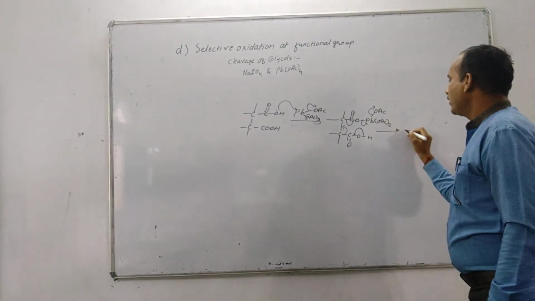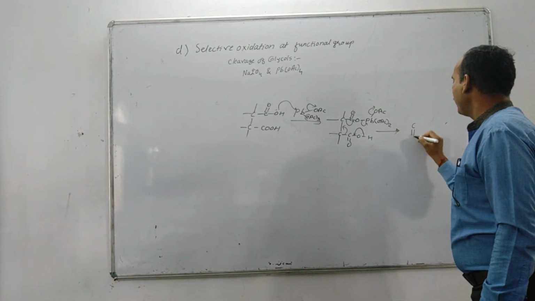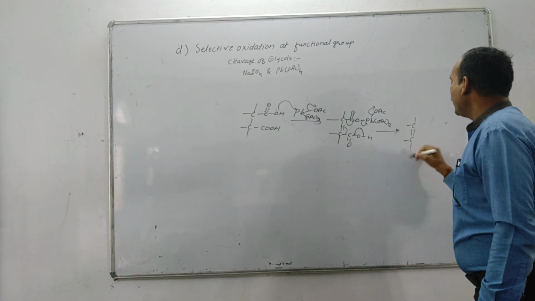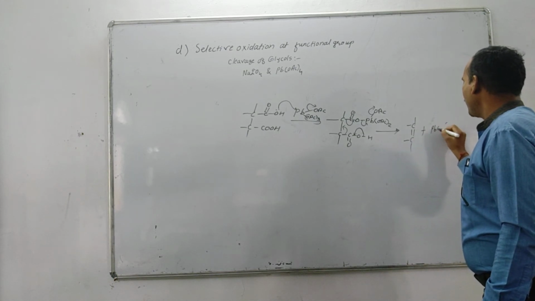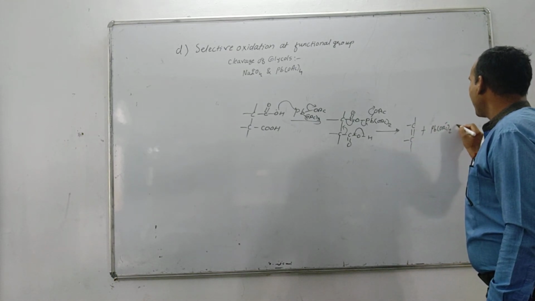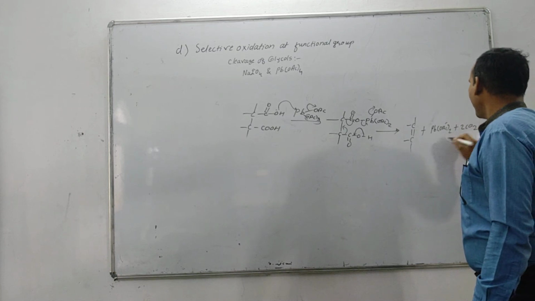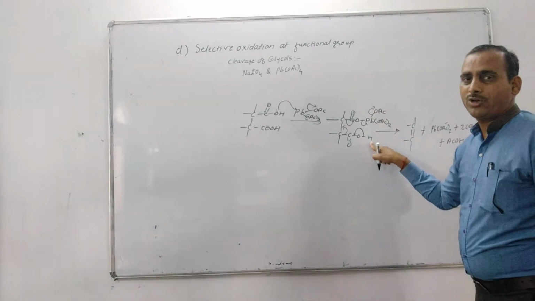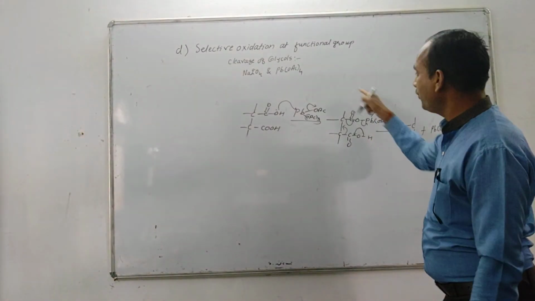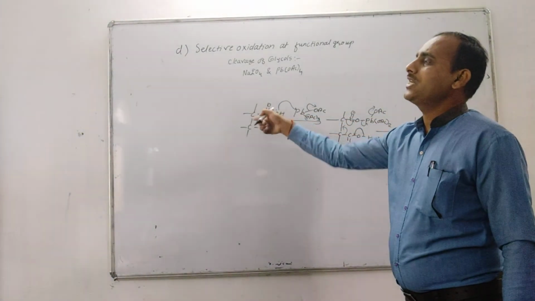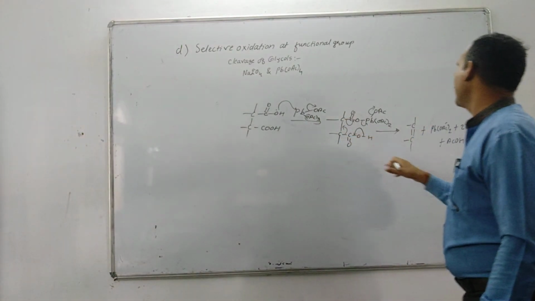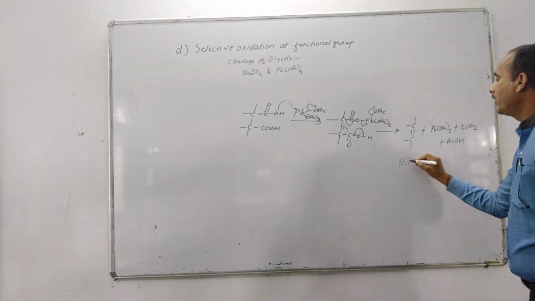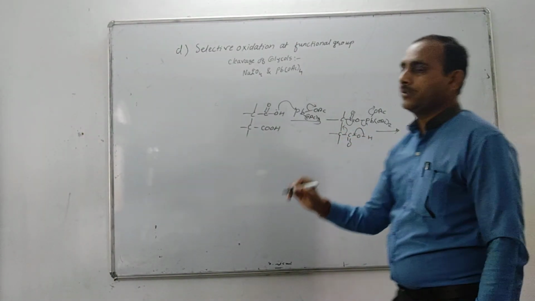So we get the C double bond C alkene plus Pb(OAc)2 plus 2 CO2 plus AcOH. So from this dicarboxylic acid, decarboxylation takes place to form the alkene as a product.